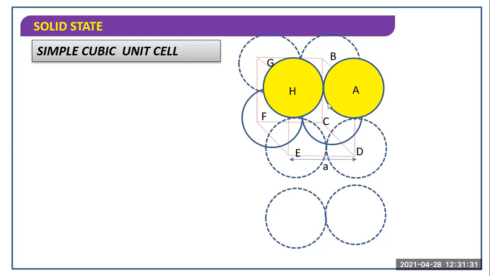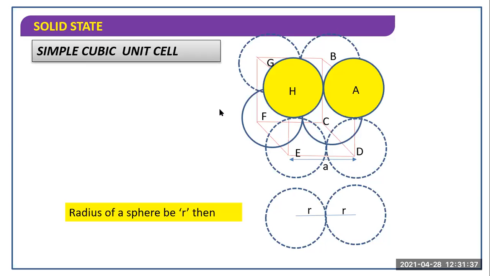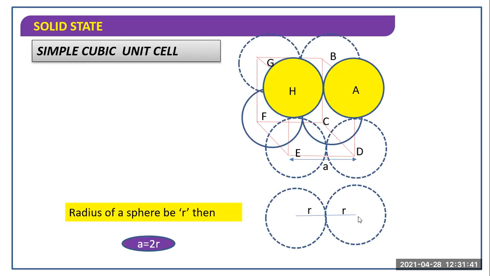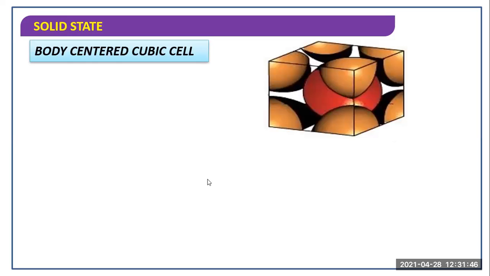Simple cube, this is simple cube, A and A. This is the radius, this is 2R. For body center cube, we should consider the diagonal. The diagonal of a body center is equal to √3a.